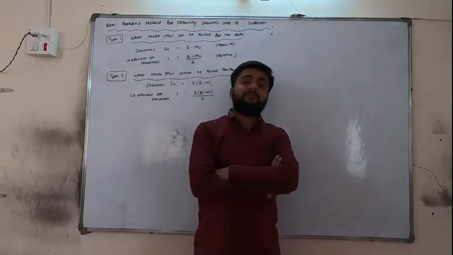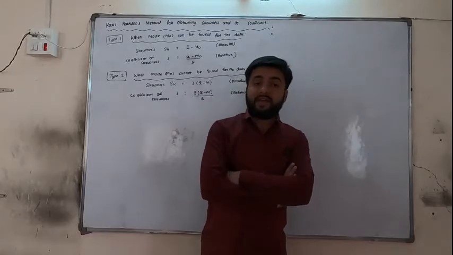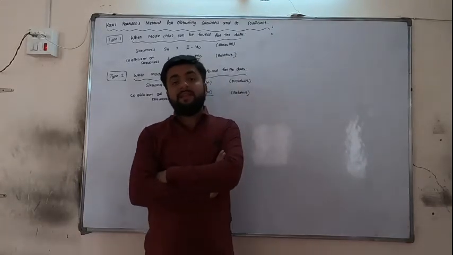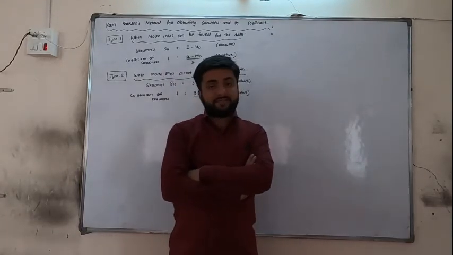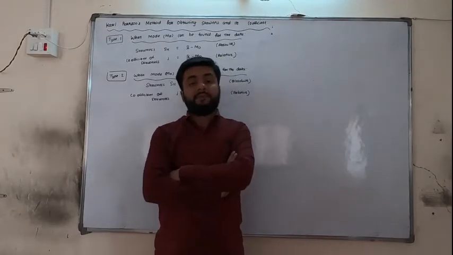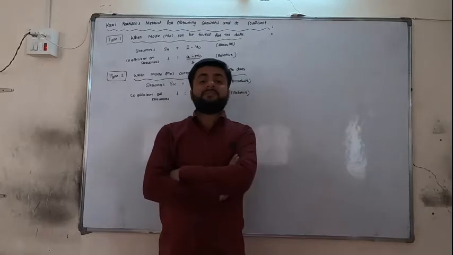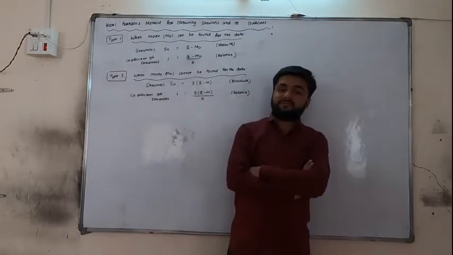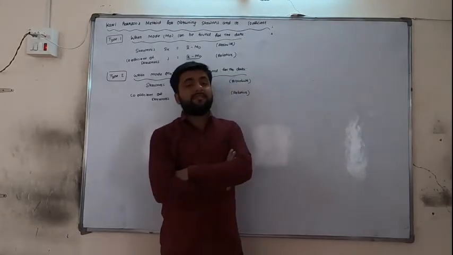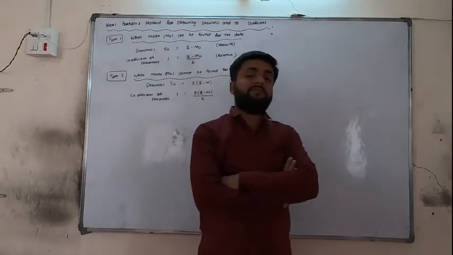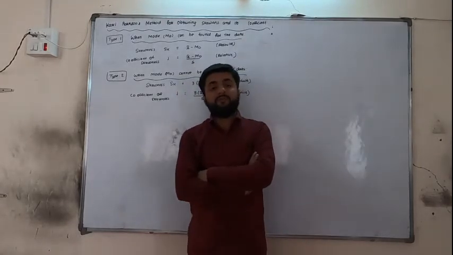After that, the formula for mode will be MO is equal to L plus (Fm minus F1) divided by (2Fm minus F1 minus F2) multiplied by C, where Fm is frequency of modal class, F1 is frequency of previous class, and F2 is frequency of next class. So this was about the mode.